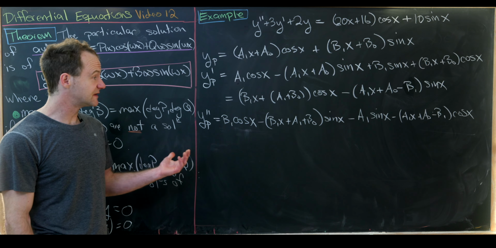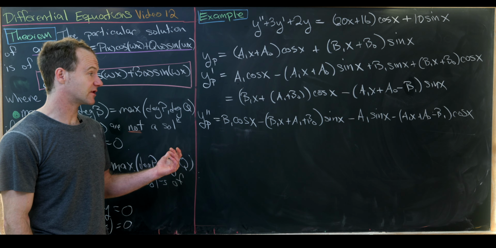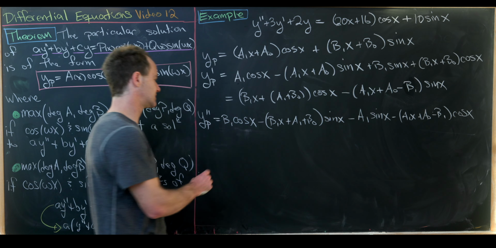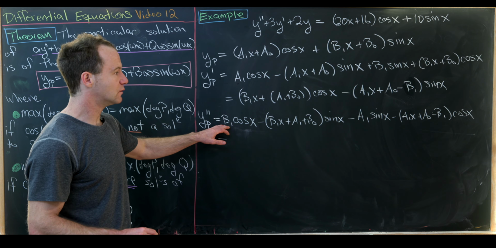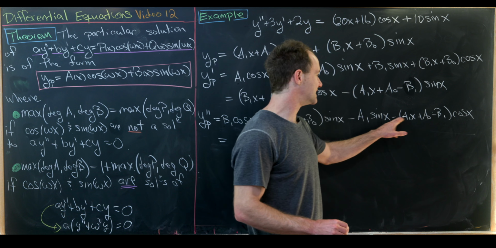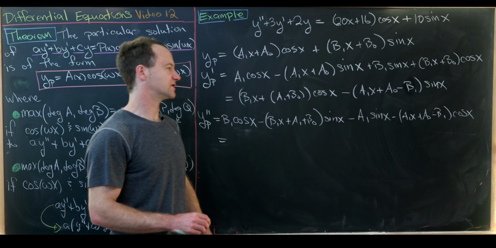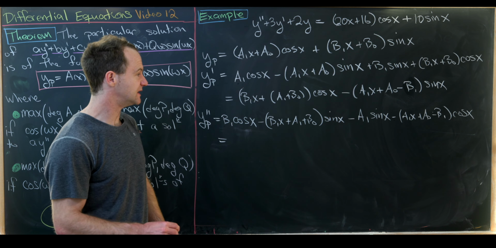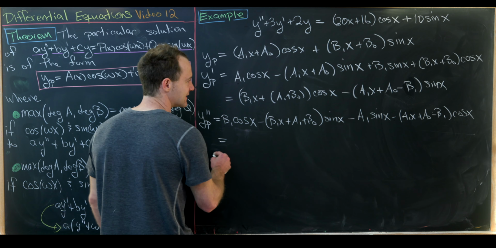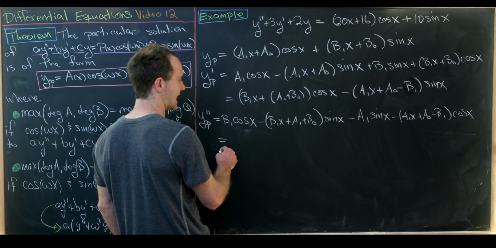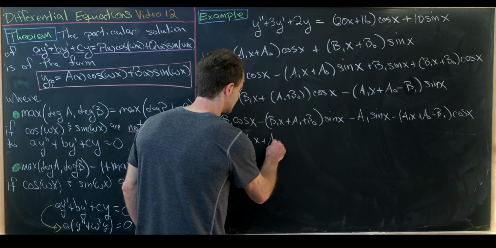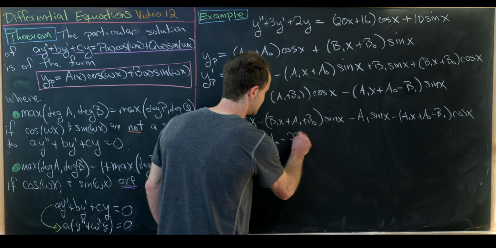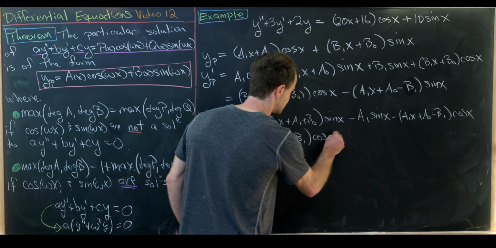Now let's do the same thing that we did before and gather our sines and cosines. So let's see, gathering our cosines, we have a b1 here, and we have minus negative b1 here. So that's going to give us 2b1. But maybe putting that together, it would be more easily written as minus a1x plus a0 minus 2b1 times cosine of x.